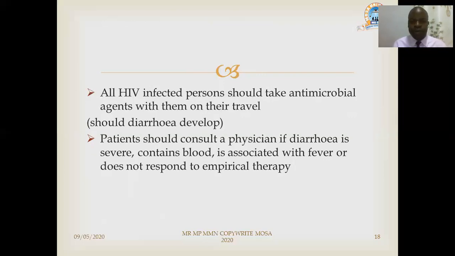Patients should consult a physician if diarrhea is severe, contains blood, is associated with fever, or does not respond to empirical therapy. So these antimicrobial agents which they travel with, should they develop diarrhea, they can take them to control it. But in a situation where diarrhea has failed to be controlled with these antimicrobial agents, then they need to seek the help of their physician.